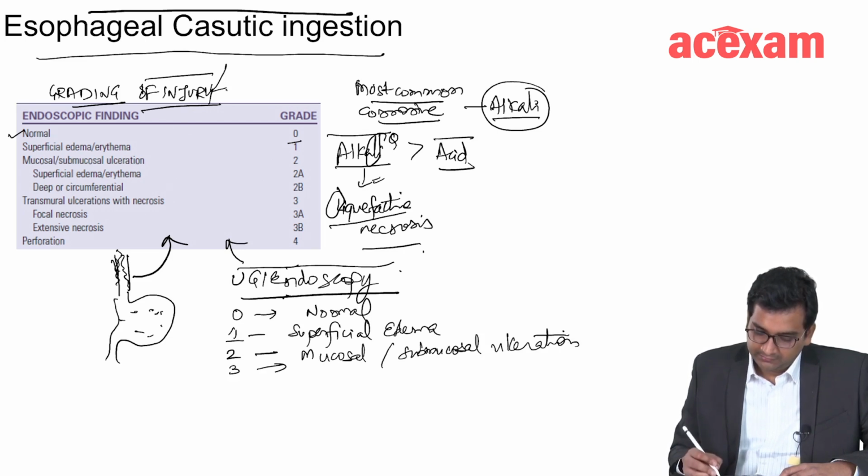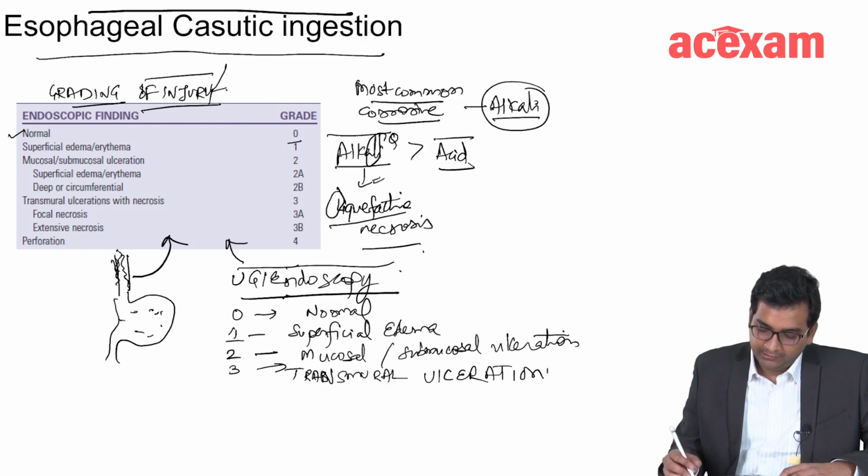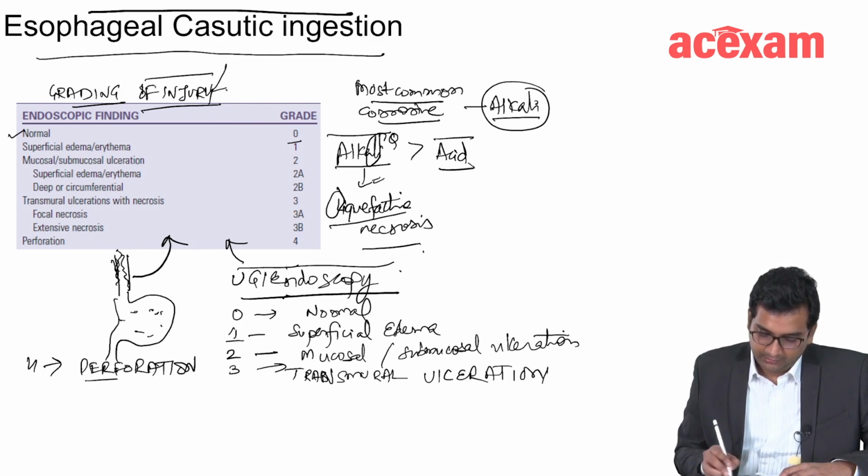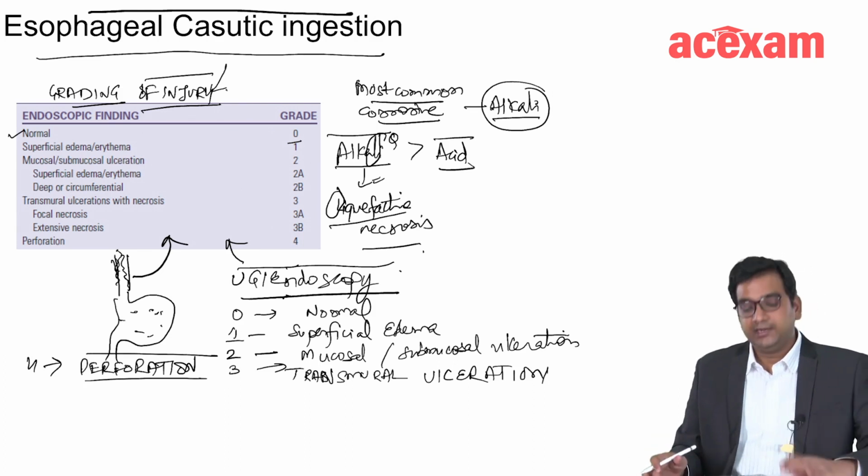Grade 3 is full thickness ulceration, transmural or full thickness ulceration. And grade 4 is perforation. Okay, this is important to understand.